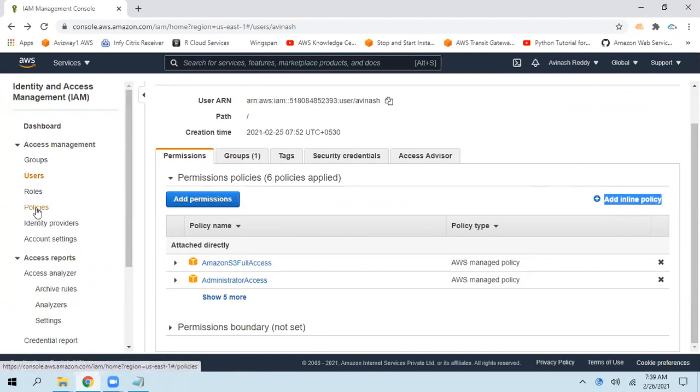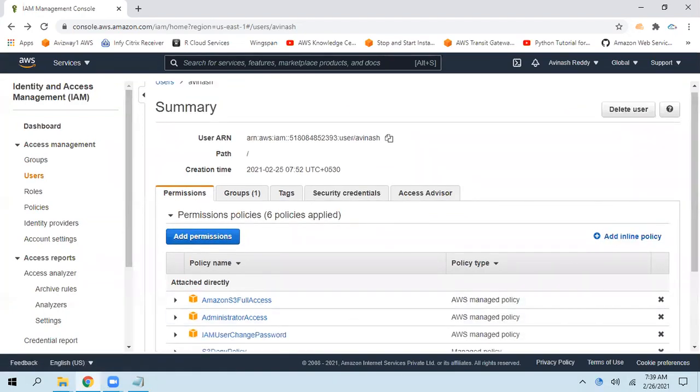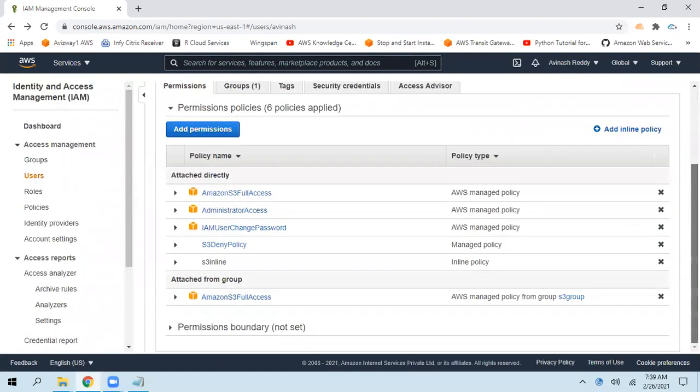You cannot go elsewhere and find it. Only from here can you add it, and only here can you find it. Such policies that we can inline to only one particular user, we call an inline policy.